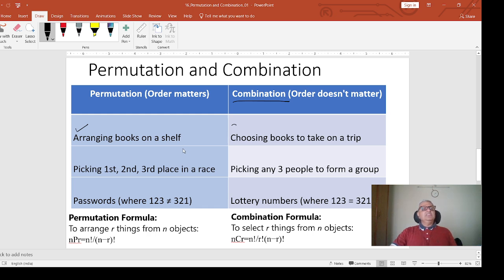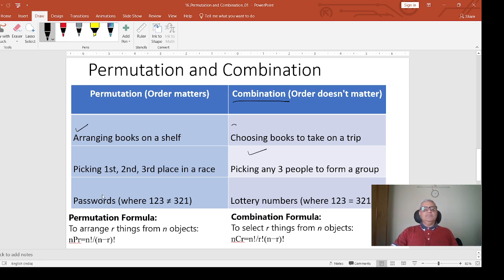Whereas picking three people for a team from a group of 25 people: in an organization, there are 25 people on the bench, a project comes up and the requirement is for three people, and all 25 have the relevant skills. Then the different ways to select those three people from 25 is a classic case of combination.